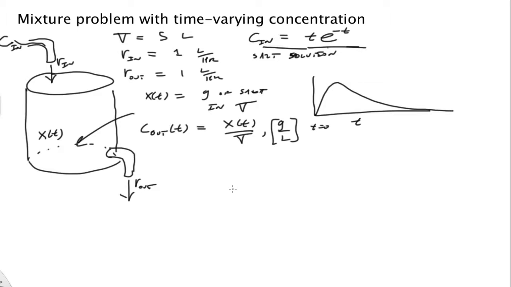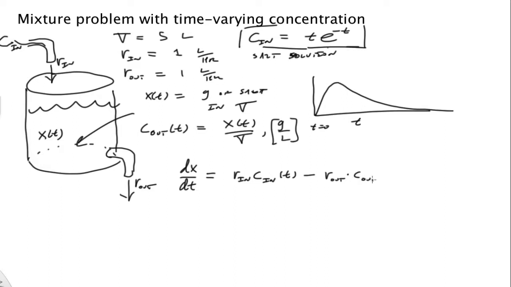All right, so let's write down what this differential equation is. As before, we can write down the time derivative, dx/dt, the rate of change of the amount of salt in the tank, will equal R in times C in, which now is a function of time, and then less R out times C out.